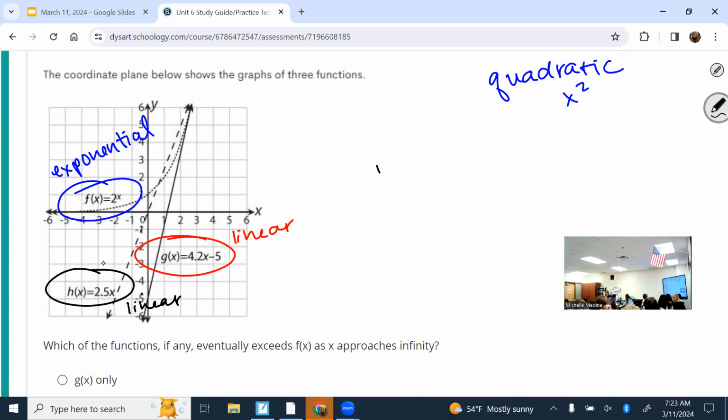All right, so anyway, we have an exponential, a linear, and a linear. One thing you need to know by the time you leave 9th grade is which of these functions always exceed the others. So would that be an exponential, a quadratic, or a linear that will always eventually exceed the others?